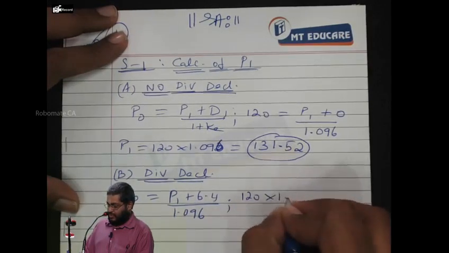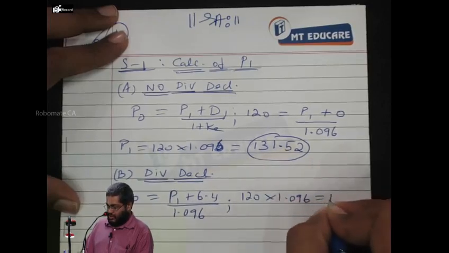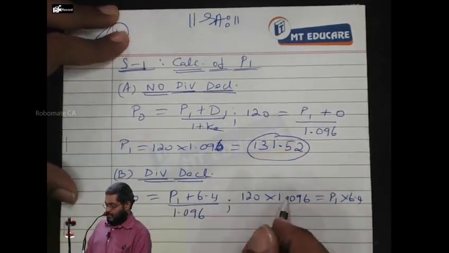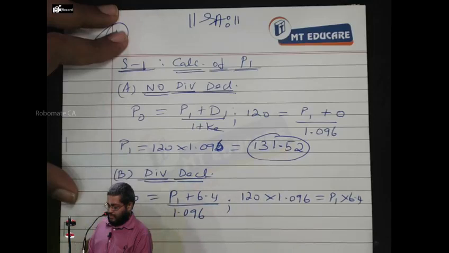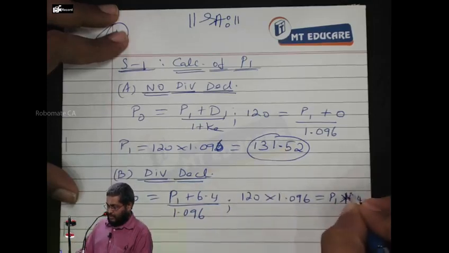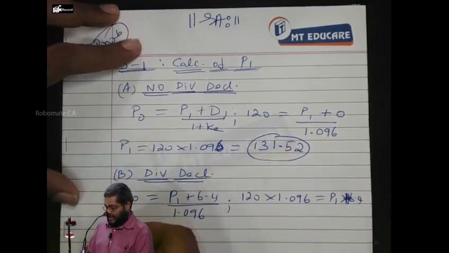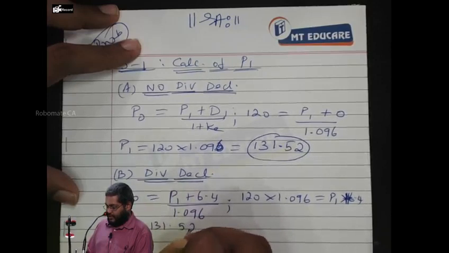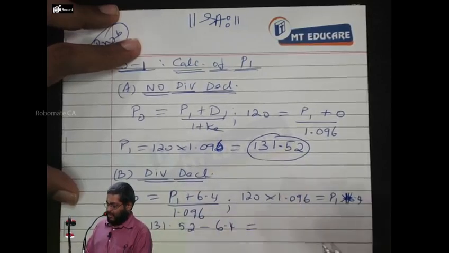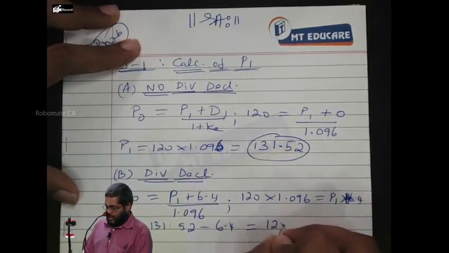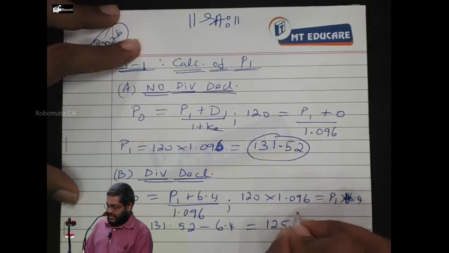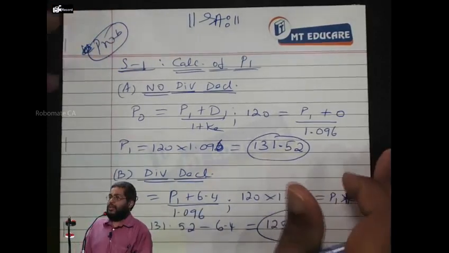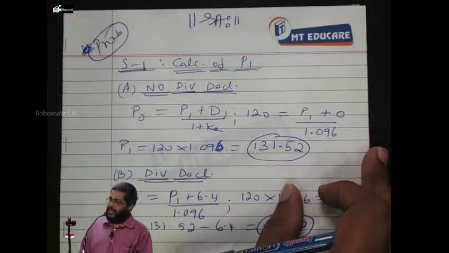So 120 into 1.096 is equal to P1 plus 6.4. Rearranging, P1 is equal to 131.52 minus 6.4. What is the price here? So the share price with dividend is 125.12. Can we proceed to the next stage or not?